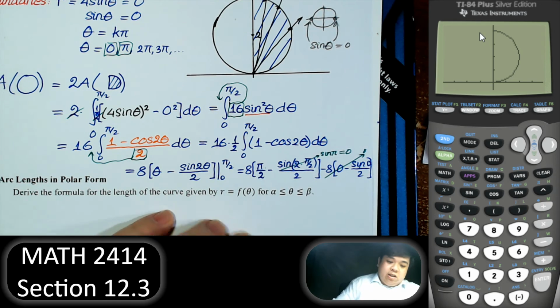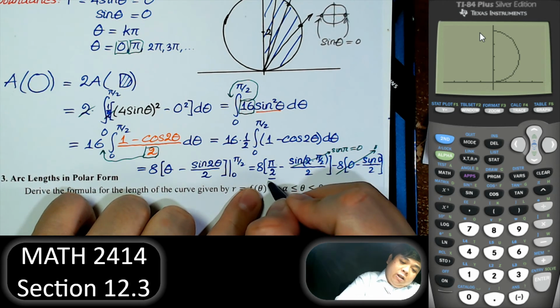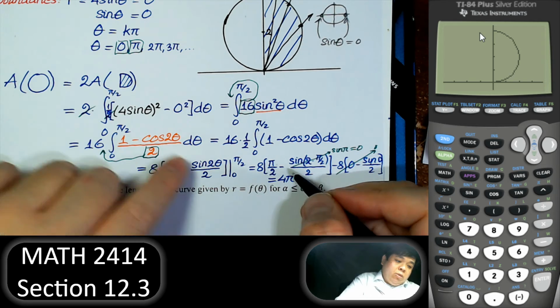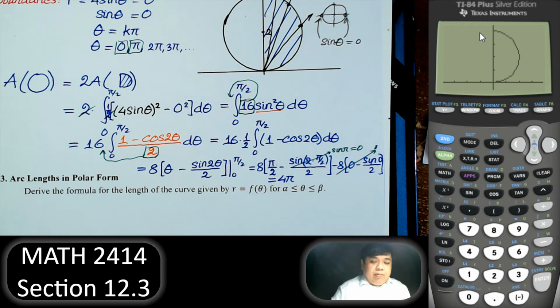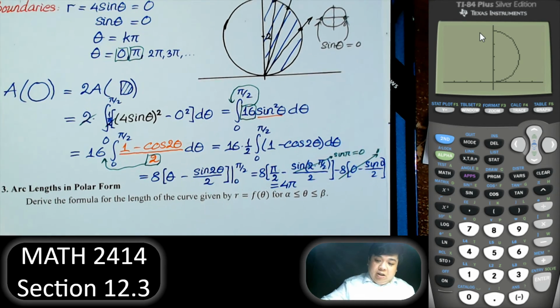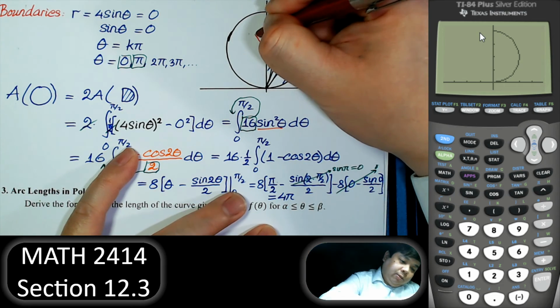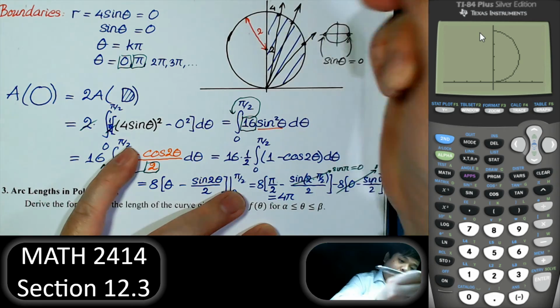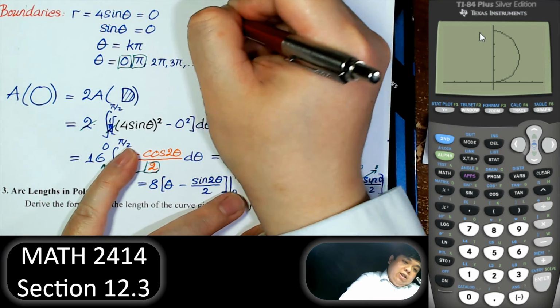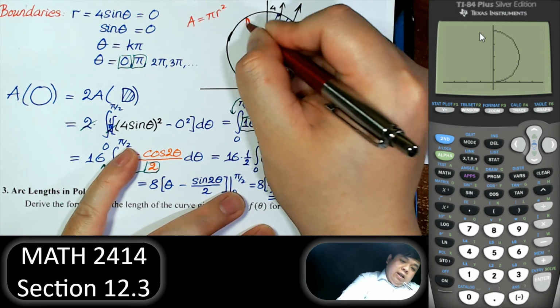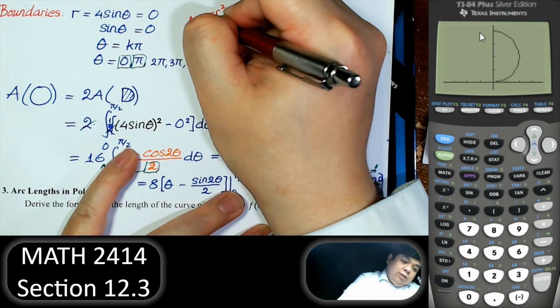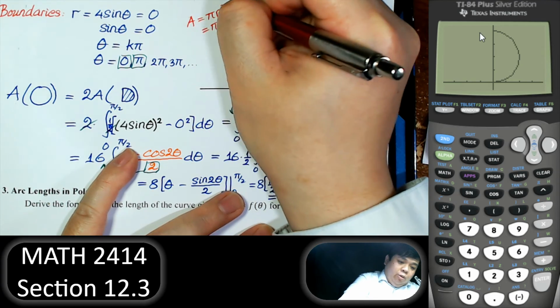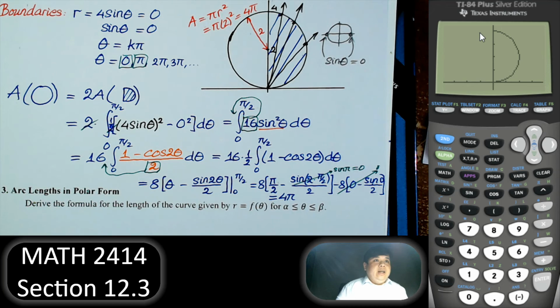So we just have 4 pi. So the area equals 4 pi. Now this makes perfect sense because this is the circle with radius of 2. The area is pi r square. The radius is 2, so it's 4 pi. And exactly 4 pi is what we get.